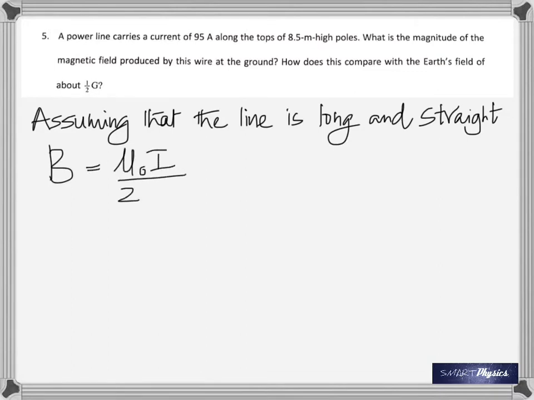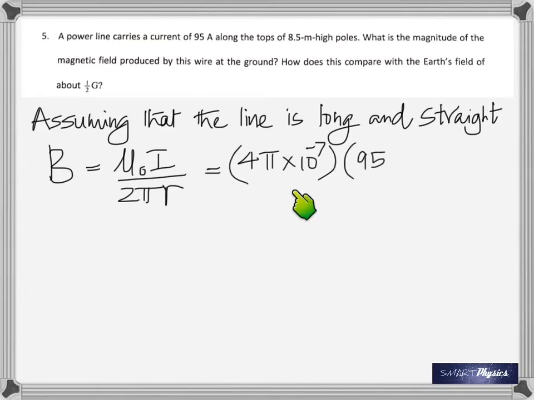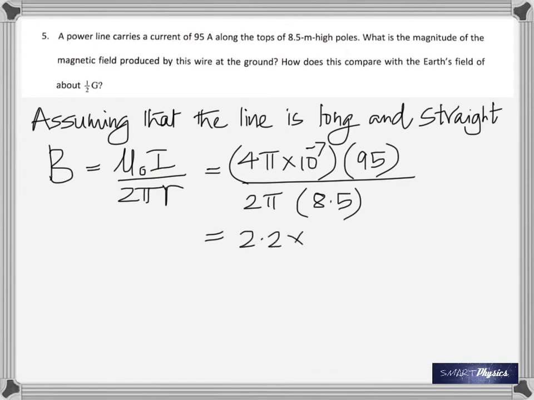B is mu naught times I by 2 pi times r, which is the distance. And mu naught is 4 pi times 10 to the negative 7. Mu naught is called the permeability of free space, and it's always 4 pi times 10 to the negative 7. And r is the distance, which is 8.5. So we get that as 2.2 times 10 to the negative 6 Tesla.